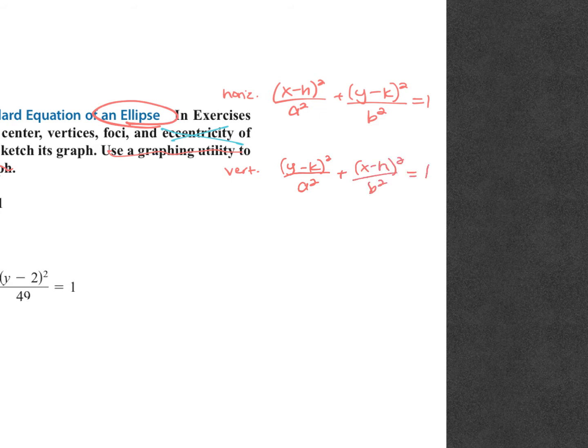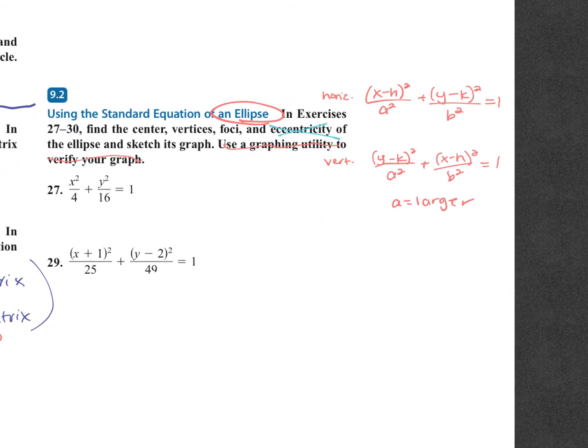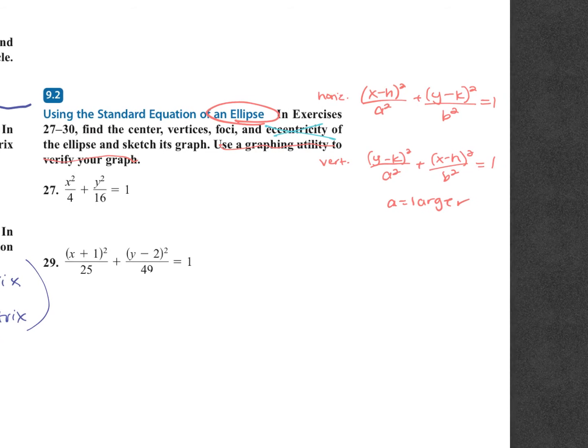But I want to stress the y doesn't have to come first. Remember, the a is the larger denominator here. So when you look at 29, this is actually a vertical ellipse because the A is under the Y, even though it comes second. Same for 27. Those would both be vertical.